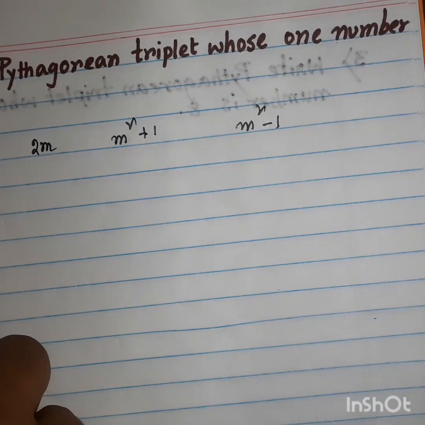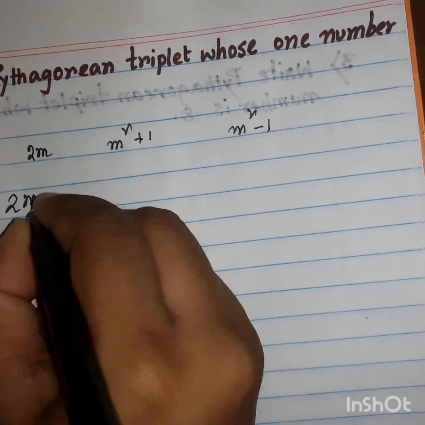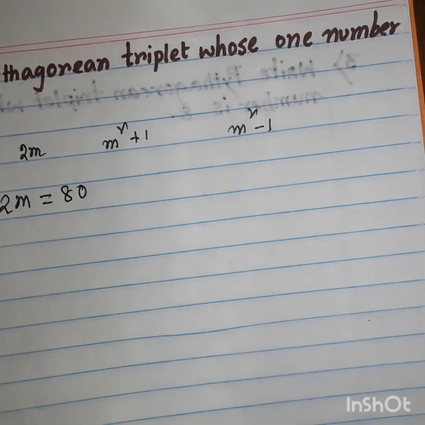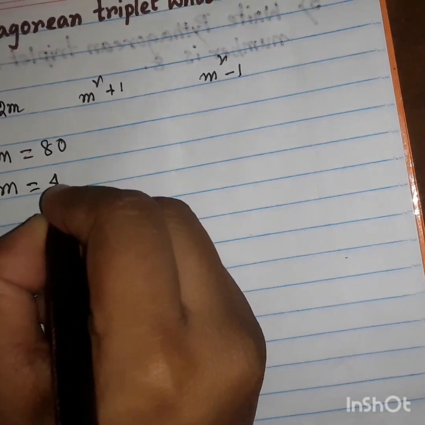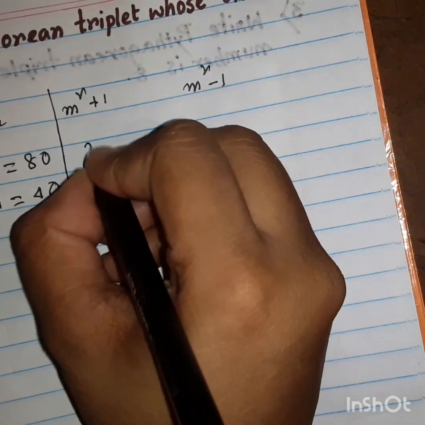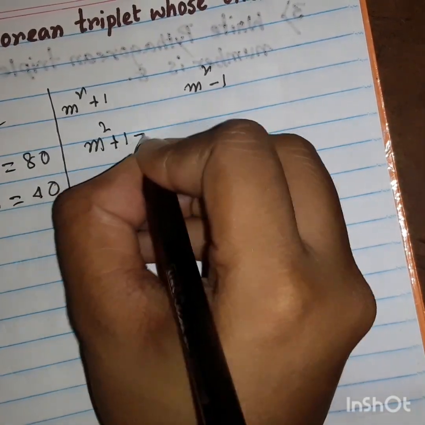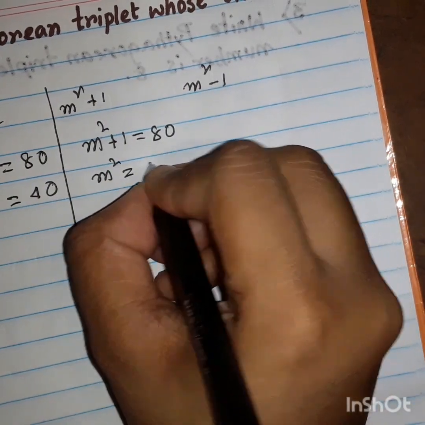As this is an even number, 80 can be equal to 2m, and this became a somewhat difficult problem. So m is equal to 40. Another value of m: m square plus 1 is equal to 80, then m square is equal to 79.